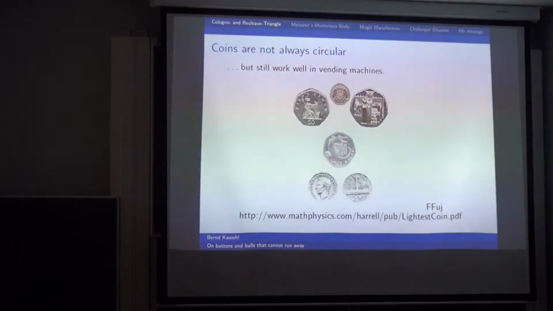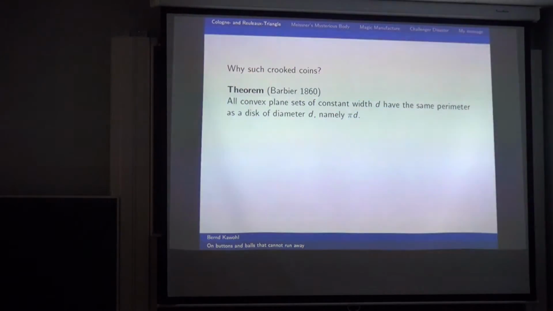And one may ask, why does one have these coins with corners? This is due to the fact that you do not need so much material for those coins. First, let me state a theorem that is relatively old, by Barbier. It says all convex plane sets of constant width have the same perimeter as the disk, and that's pi times the diameter.